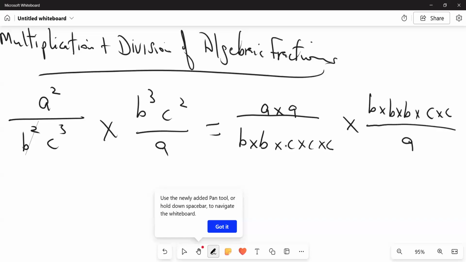And now we can do some canceling, right? So maybe we can cancel this A here with one of these. We can cancel this B and this B, and this B and this B. And we can do this C and this C, and this C and this C. And we're left with what now?